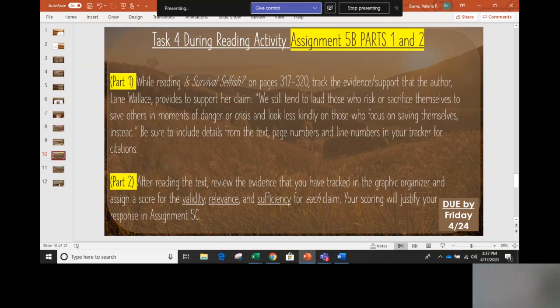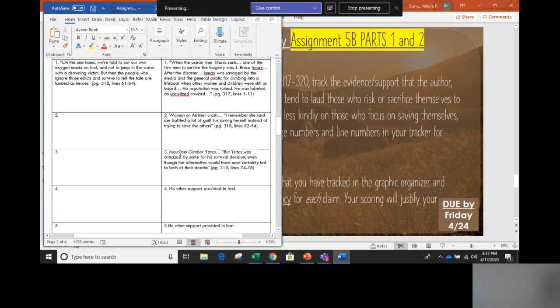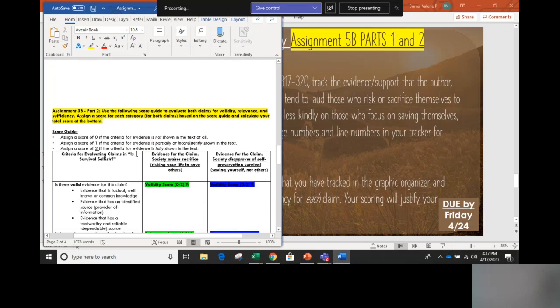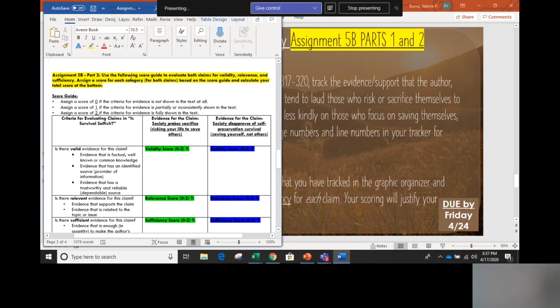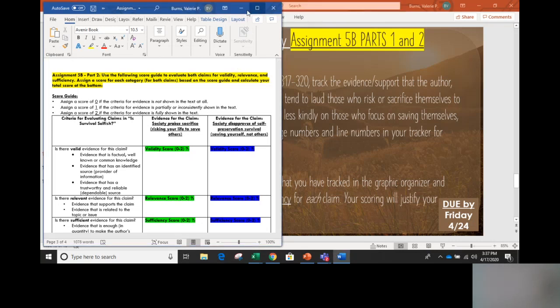Now we need to move on to part 2, which is us reviewing that evidence that we've just looked at, and we're going to assign a score for validity, relevance, and sufficiency for each claim. So I'm going to go down here. Let me just read the directions real quick. So assignment 5B, get rid of this. I can't. Okay, there it goes.